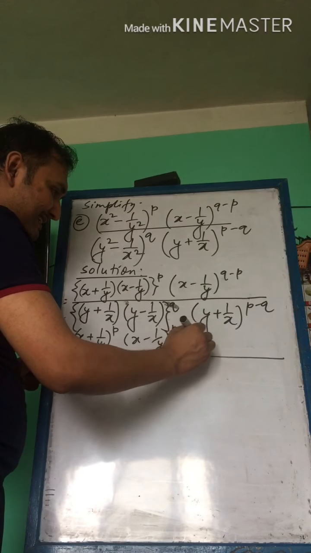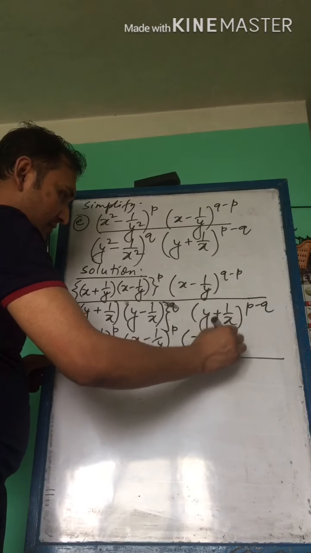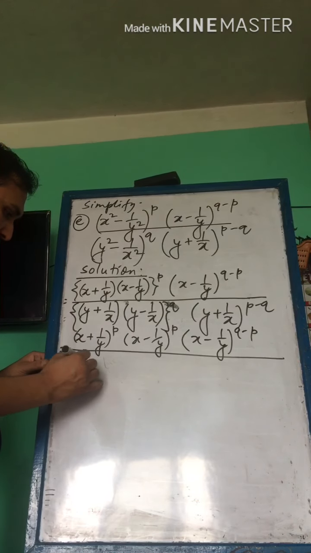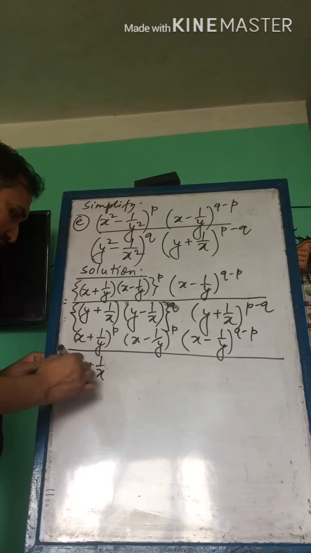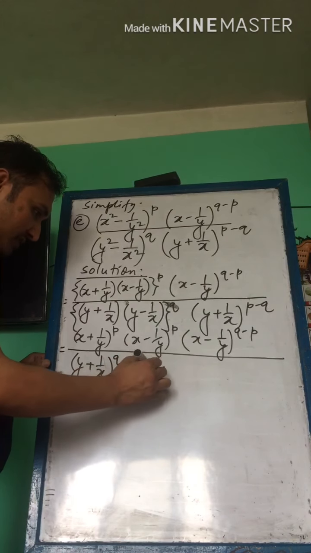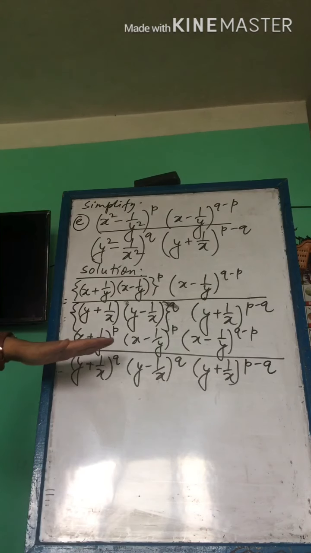Next one keep as it is, q minus p. Here also the same process, y plus 1 upon x whole to the power q, y minus 1 upon x whole to the power q, and this also y plus 1 upon x whole to the power p minus q. Up to here I think you have understood.